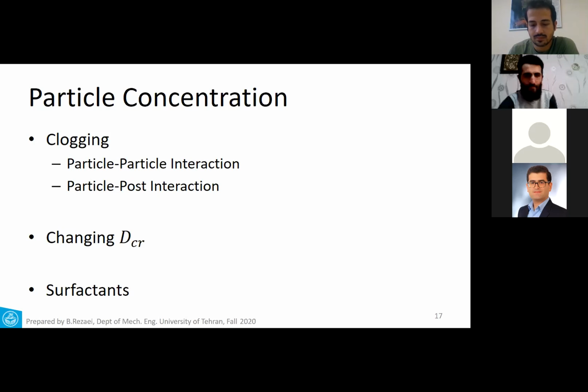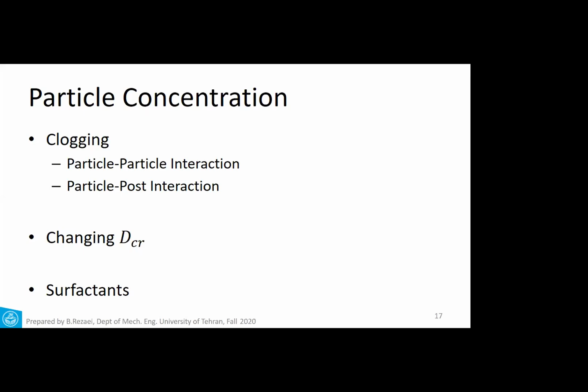But sometimes these particles interact together, they accumulate and become crowded, so they cannot pass the gap. In this situation, we say clogging has happened. Particle-particle interaction and particle-post interaction are two things that can cause clogging.